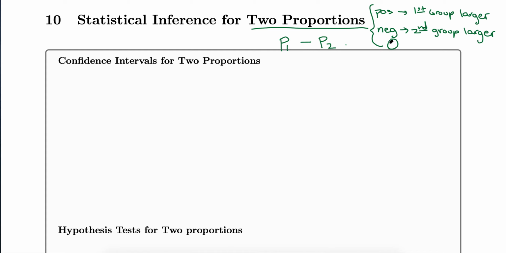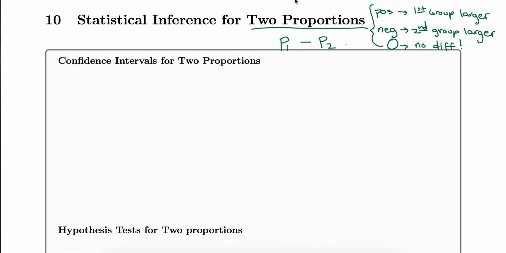I have no difference between the two populations. So here I'll say no difference. Group 1 and Group 2 are the same. In all of these, we're going to be communicating or looking at two proportions via their difference.